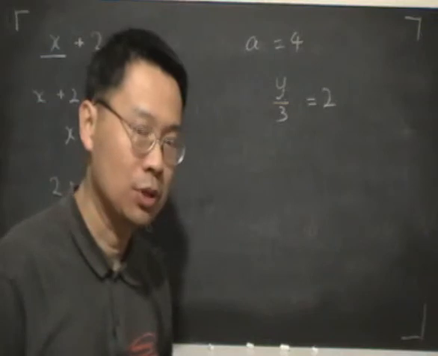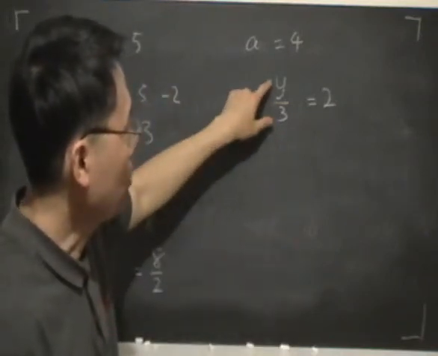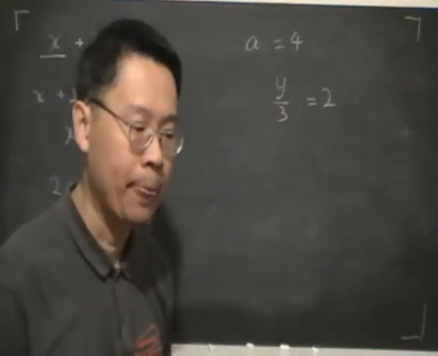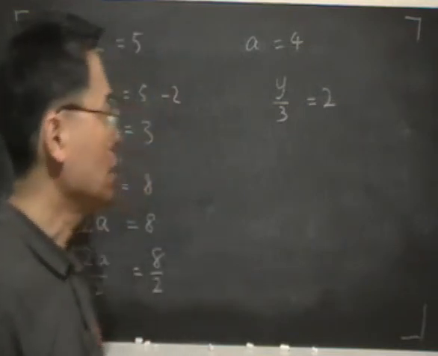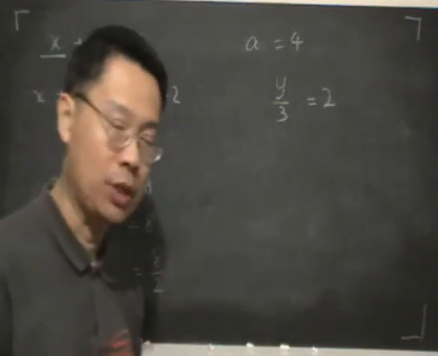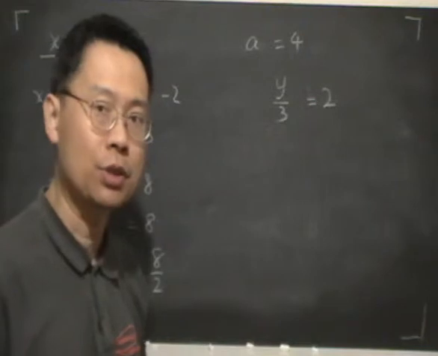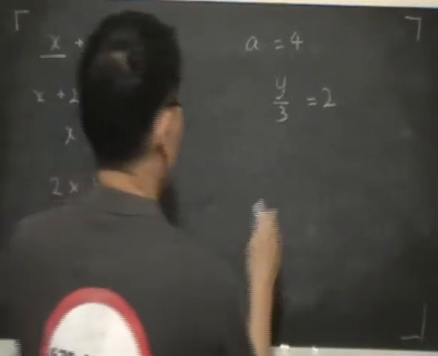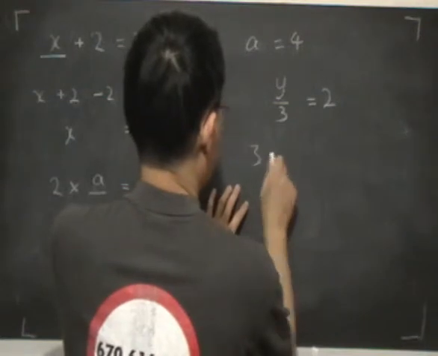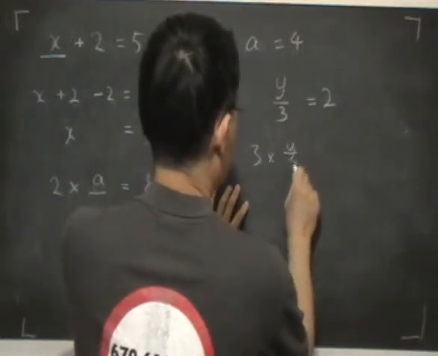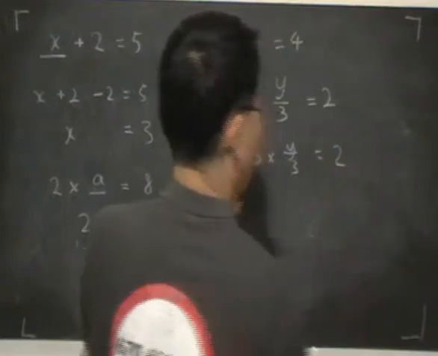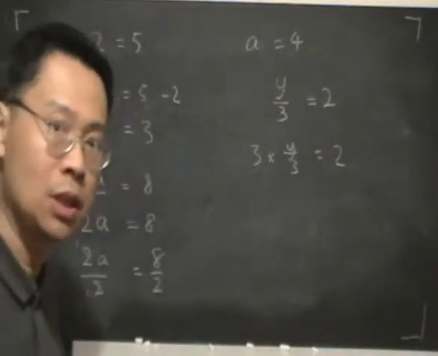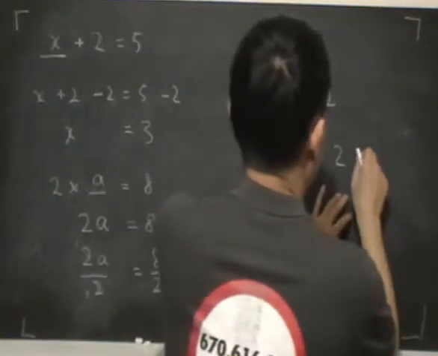So we want to get rid of the 3. In this case, we have y over 3, and the way to get rid of the 3 at the bottom of a fraction is to multiply that fraction by 3. Let's do 3 times y over 3, and we must do the same thing to the right side.